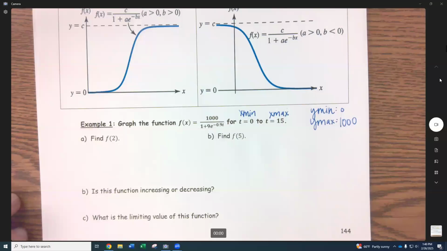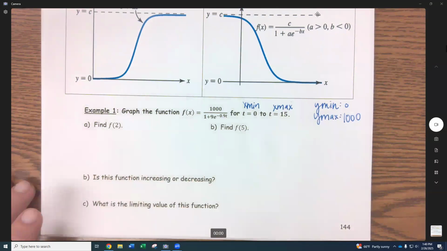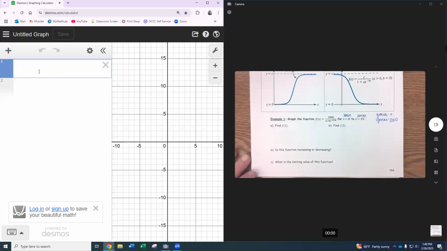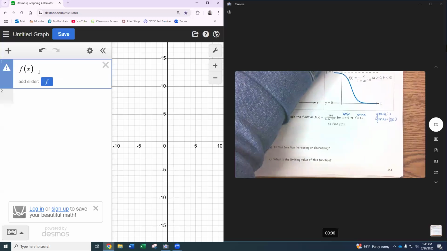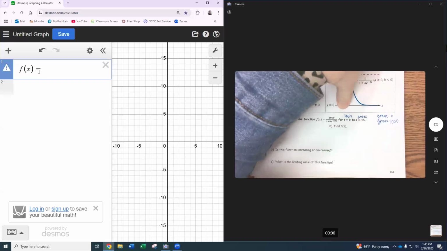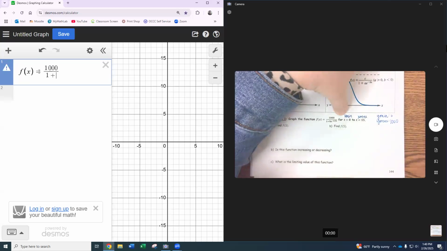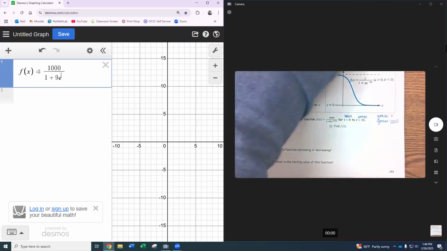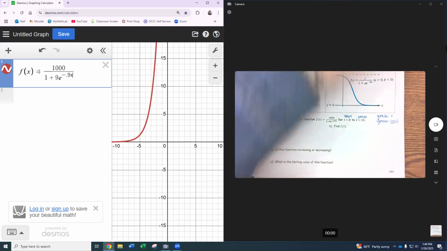Okay, so let's get into Desmos. I am going to use function notation to make these two parts very easy and straightforward. I'll type this in, and I'm using x and not t.